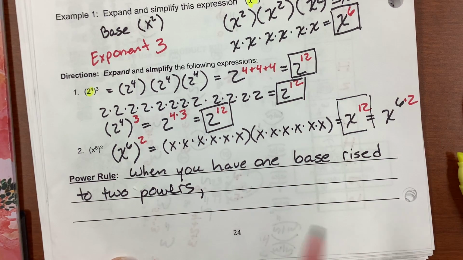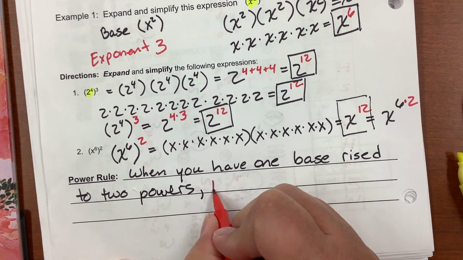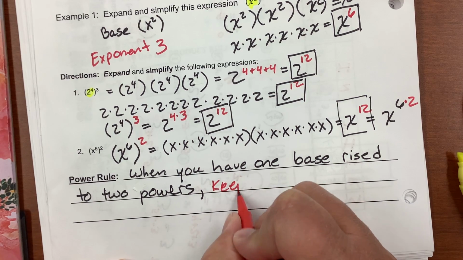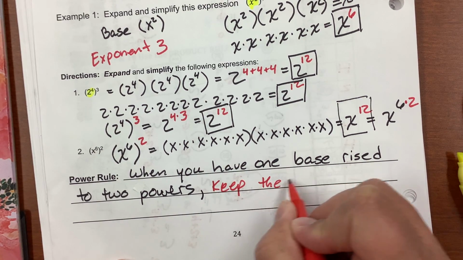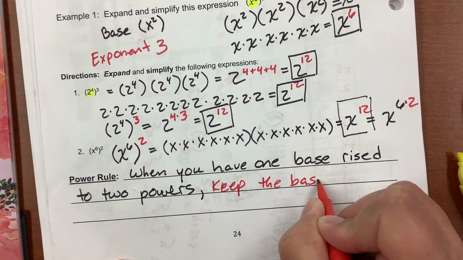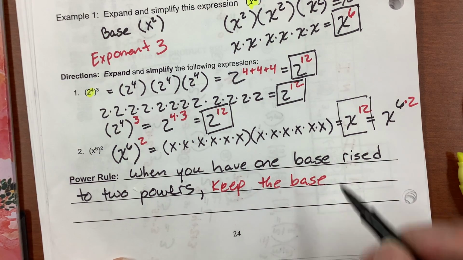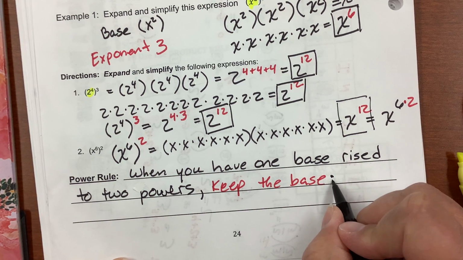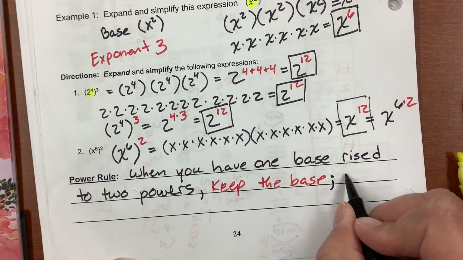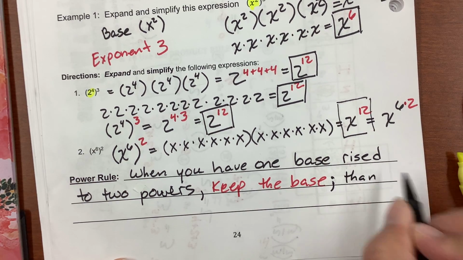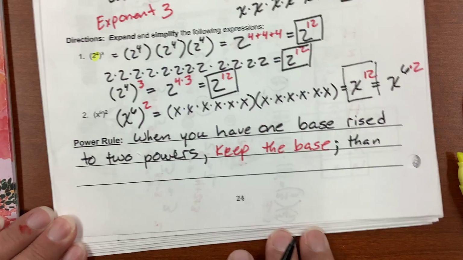I'm going to write this in red. Keep the base. Be careful. Keep the base. Then multiply the exponents.